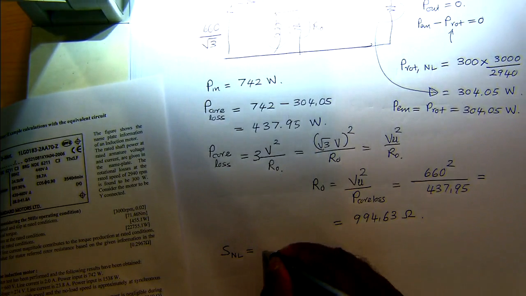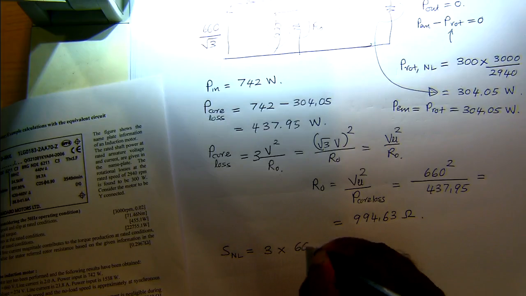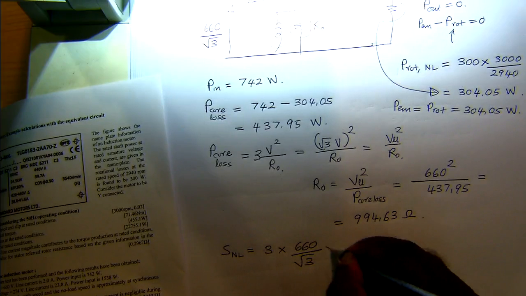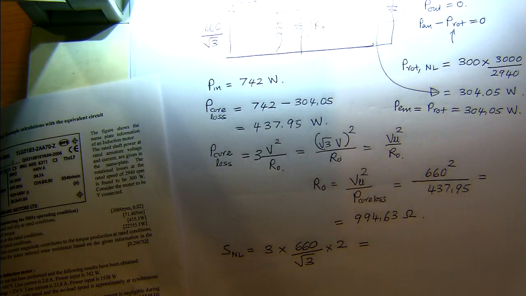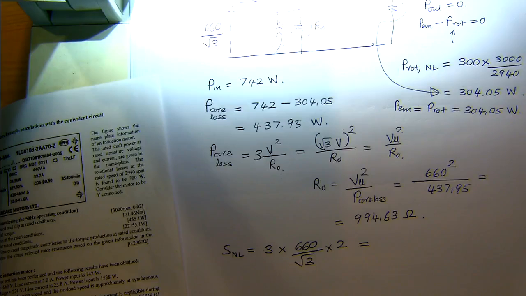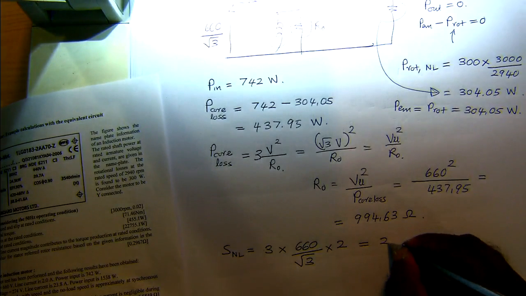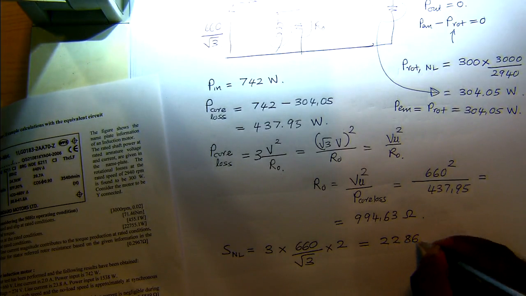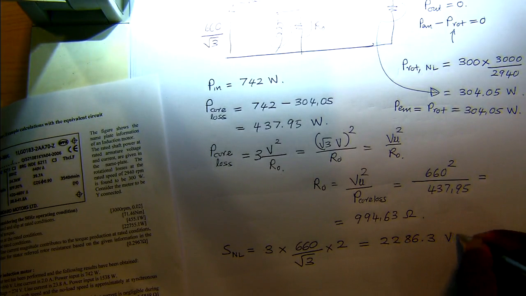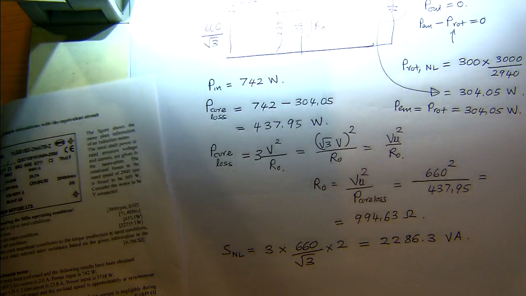Let's say 3 times 660 over root 3 times 2 gives you the apparent power, which is 2286.3 volt ampere. That's the apparent power.